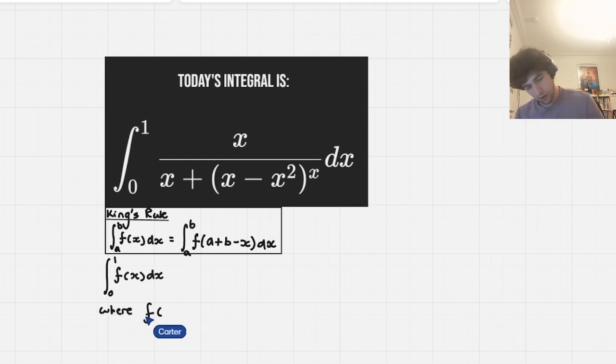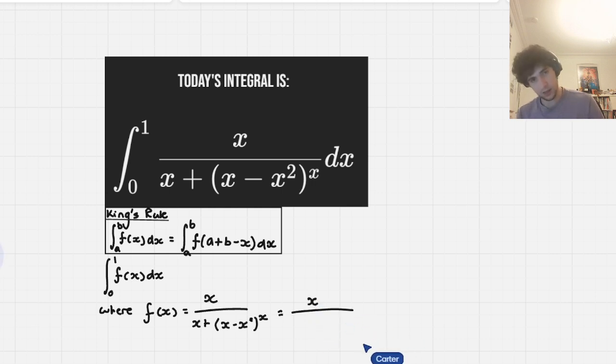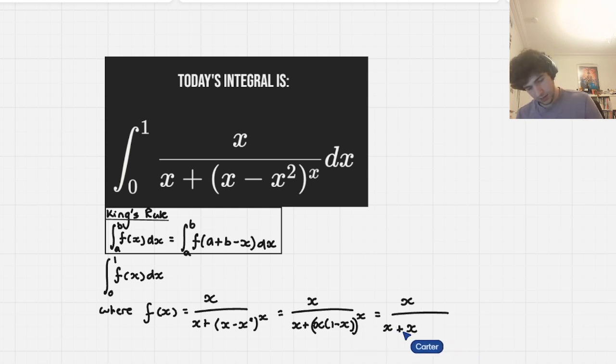f of x is equal to x divided by x plus, in brackets, x minus x squared to the power of x, which is actually equal to x divided by x plus x times 1 minus x, all to the power of x, which is also equal to x divided by x plus x to the x times 1 minus x to the x.